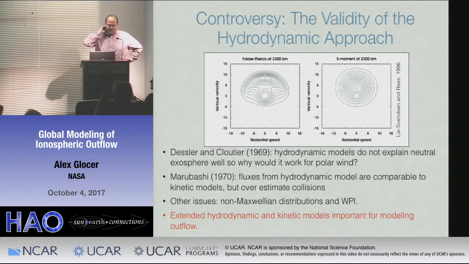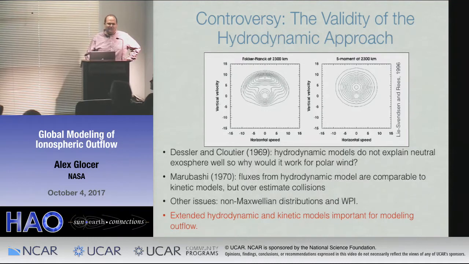People were especially questioning the validity of the hydrodynamic approach. They were saying, well, you can't explain the neutral exosphere with a hydrodynamic model, so why should it work for the polar wind? I think a very nice paper by Marubashi in 1970 did a very detailed comparison of steady state hydrodynamic and kinetic models.